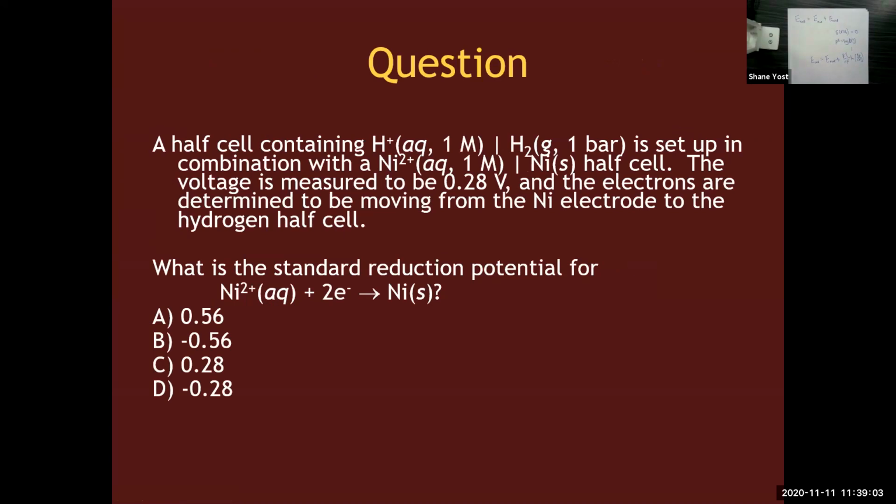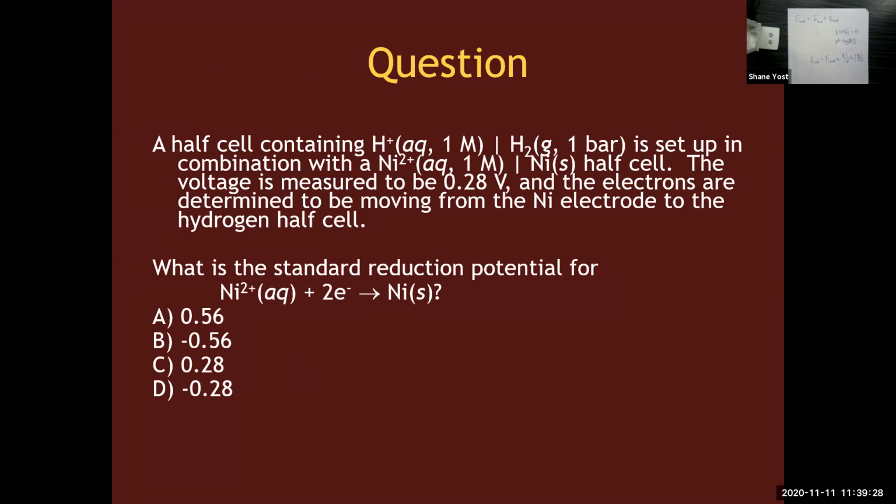All right. So I have a half cell containing H plus ion and H2 gas, set up with a combination of nickel 2 plus and nickel solid as the other half cell. The voltage measured is 0.28 volts, and the electrons are determined to be moving from the nickel electrode to the hydrogen half cell.